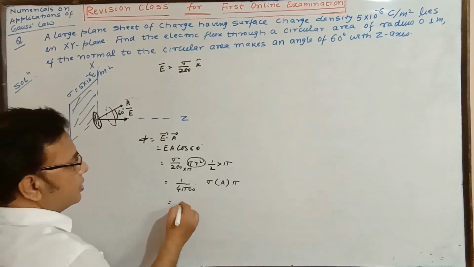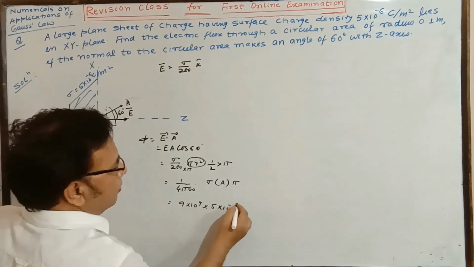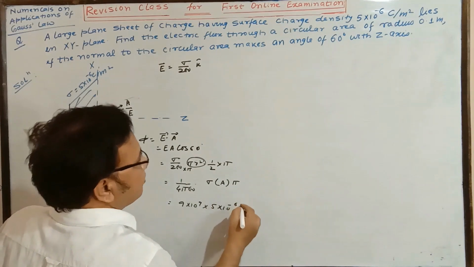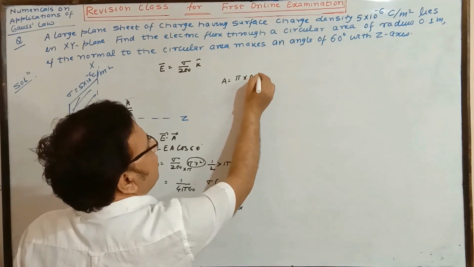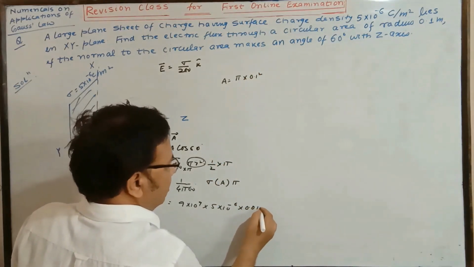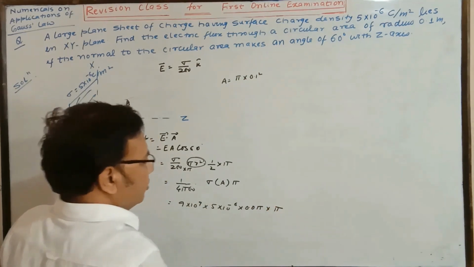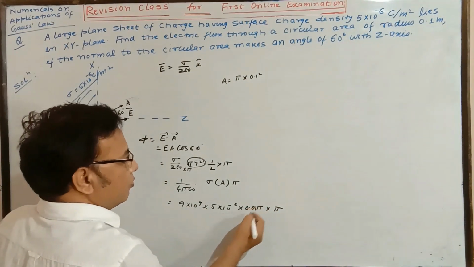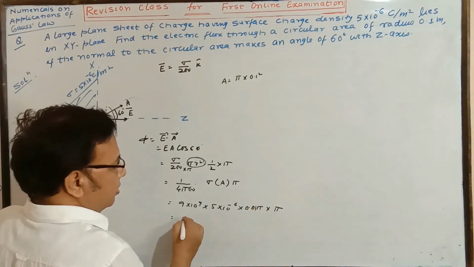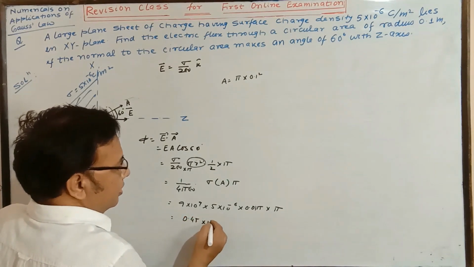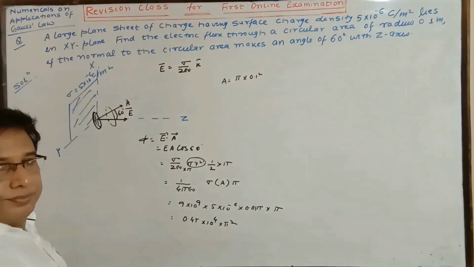So what we have: this is 9 into 10 to the power 9, sigma is 5 into 10 to the power minus 6, and the area, that is pi r square, you can find out: pi into r is 0.1 square, so this is 0.01 pi, into pi one more. So this gives us around 0.45 into 10 to the power 4 into pi square.